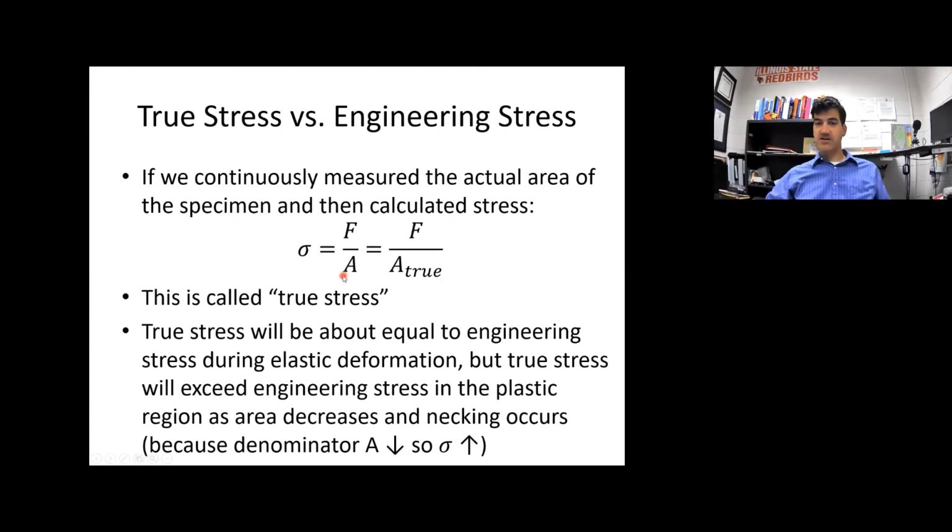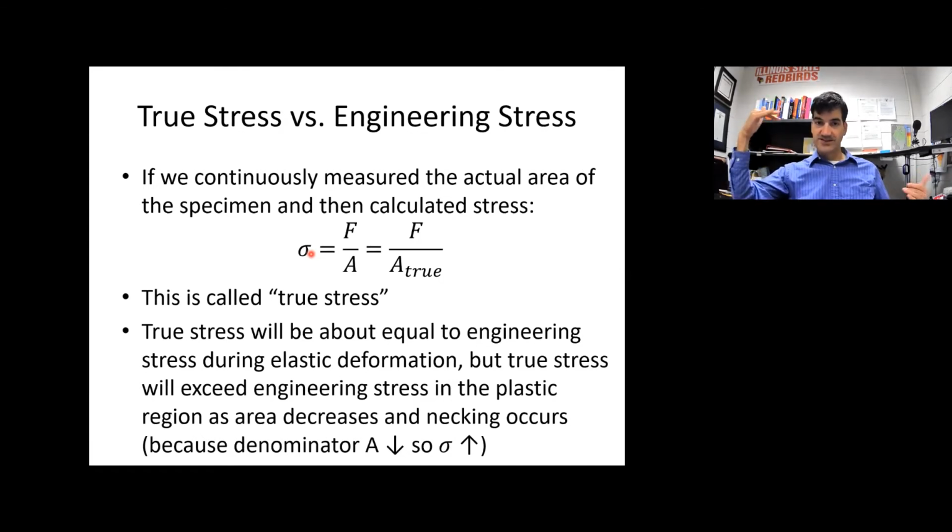The area of the specimen is going to be decreasing. So if our denominator decreases, we're dividing by a smaller number, what's going to happen to the result? Stress. Well, if you divide by a smaller number, then your result is going to be larger, right?